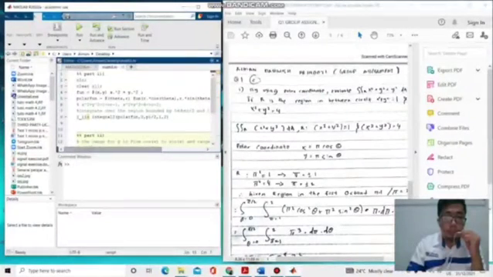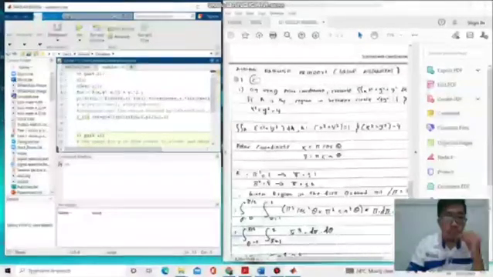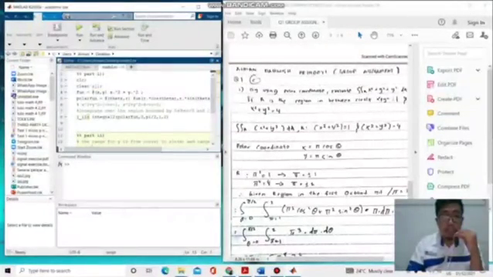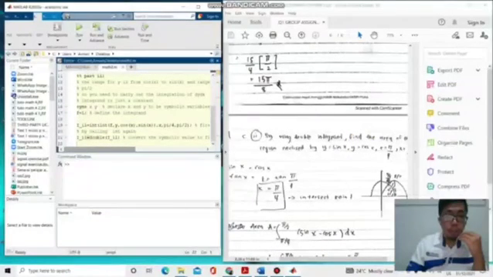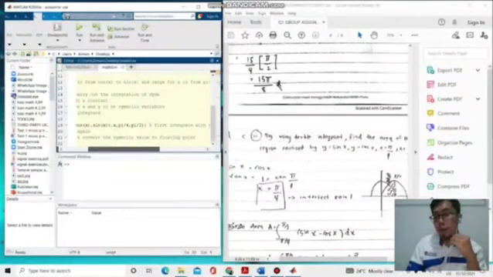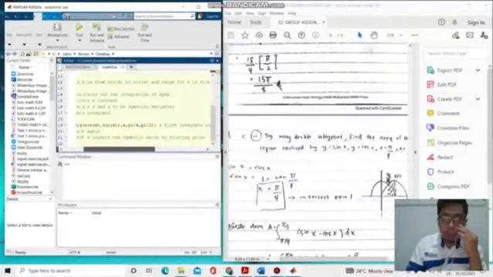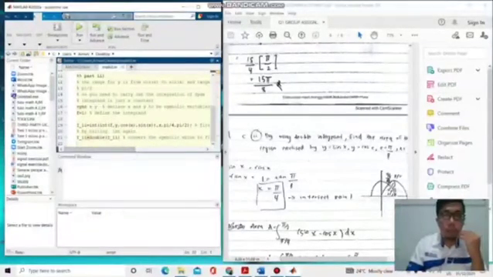And for this one, x to the power of 2 plus y to the power of 2 equals 1 represents r to the power of 2 equals 1. Then convert the symbolic value to floating point. And then we run the whole project.